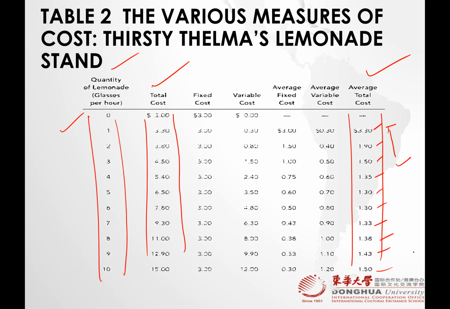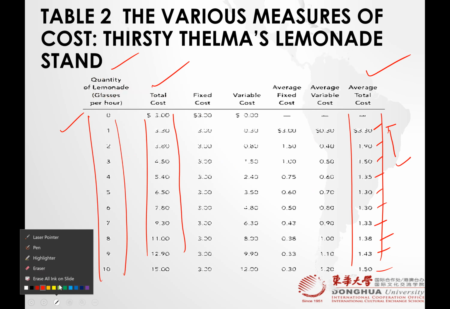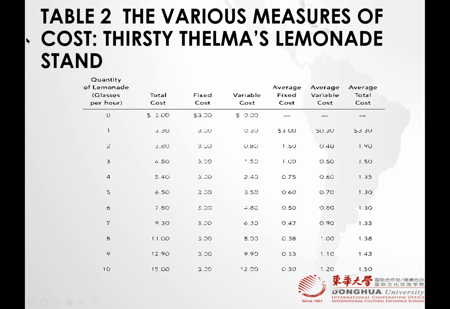Now think of yourself as a businessman. The old idea that if we produce more, our cost will be more, that idea is not applicable in all situations. That is a layman's idea. So you see the behavior here, average fixed cost.